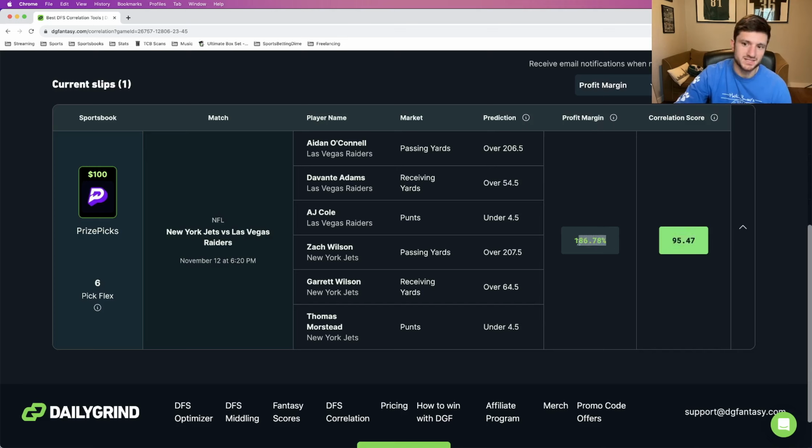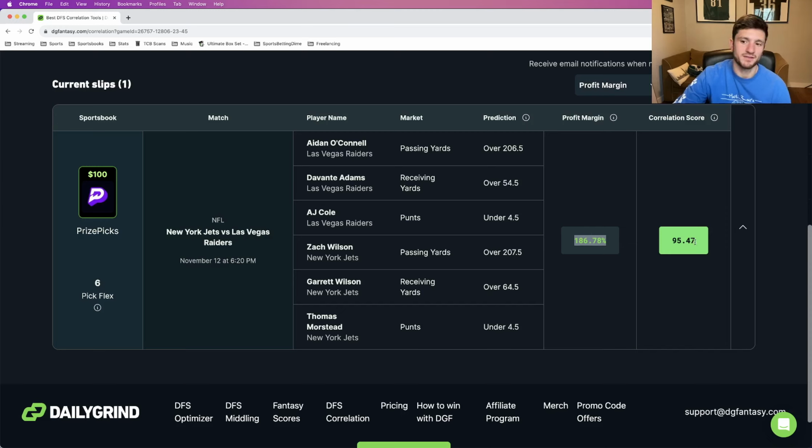Profit margin is giving you your expected profit, your positive expected value. However phrasing makes the most sense to you, it's all telling you the same thing: exactly how mathematically profitable is this slip.